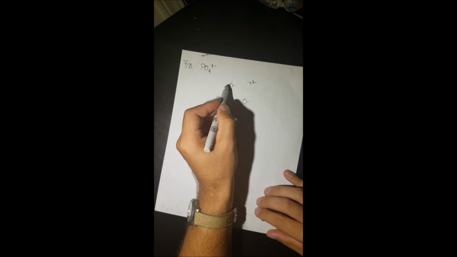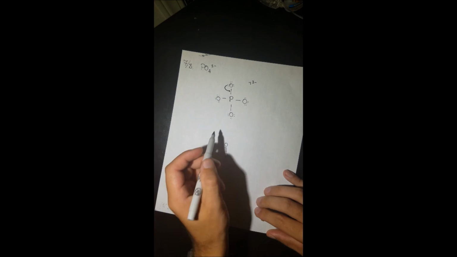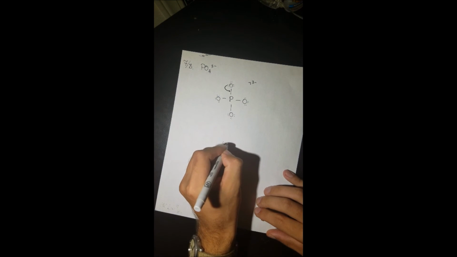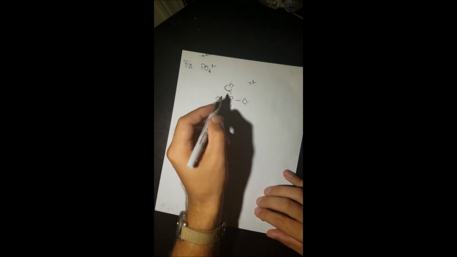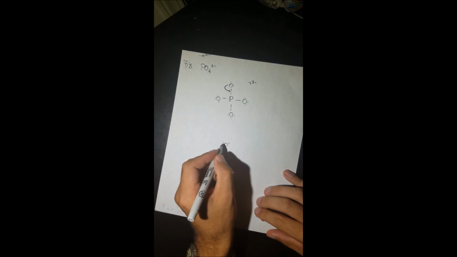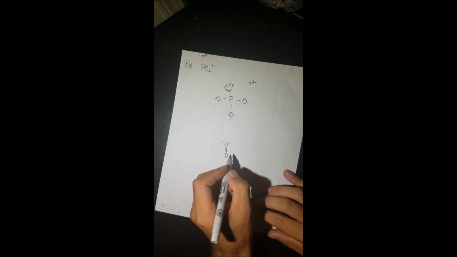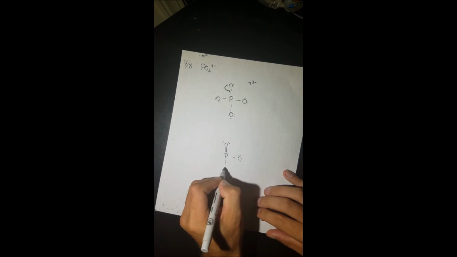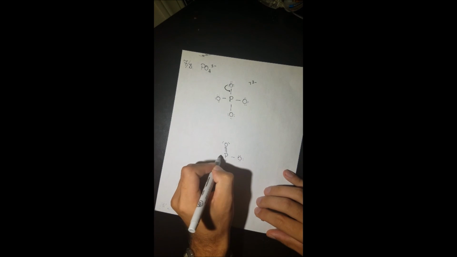Now that we've taken away 2 of the electrons out of the 6, we're left with 4. We've taken away 1 of the lone pairs out of 3, so we are left with 2 lone pairs on that oxygen, and all the other oxygens remain as they were before.